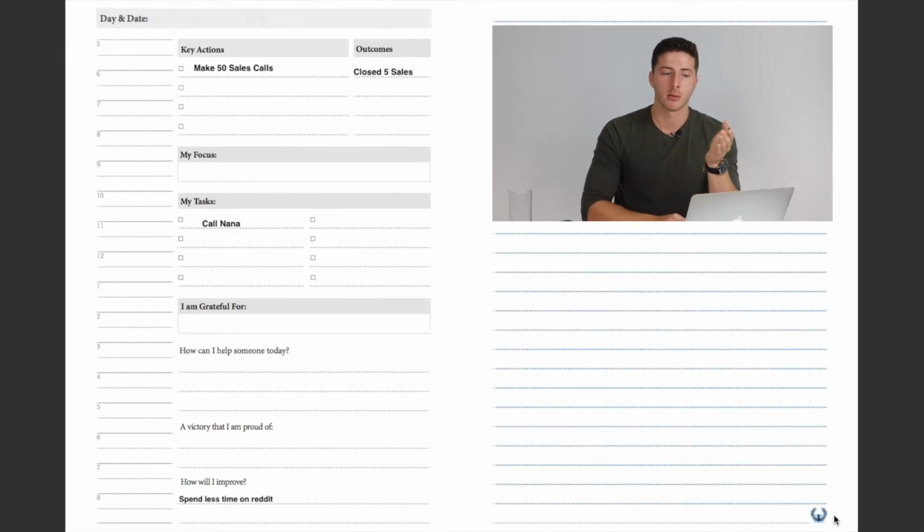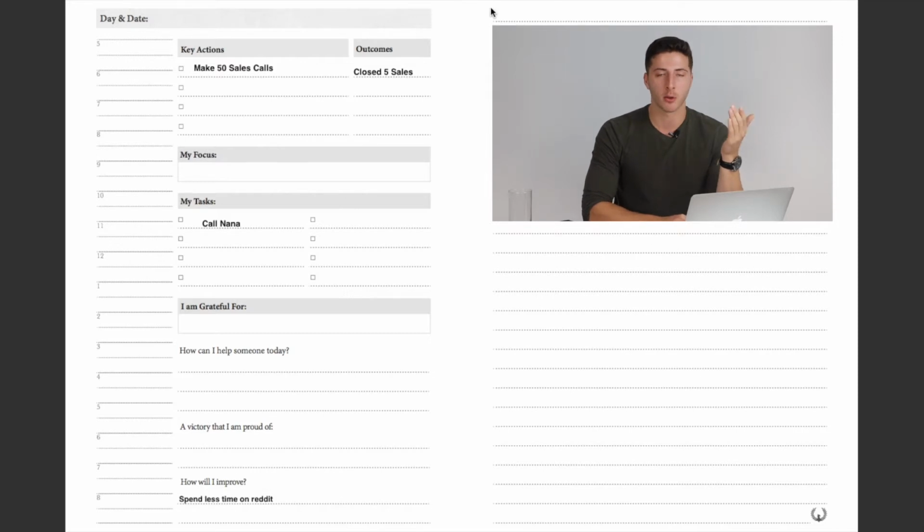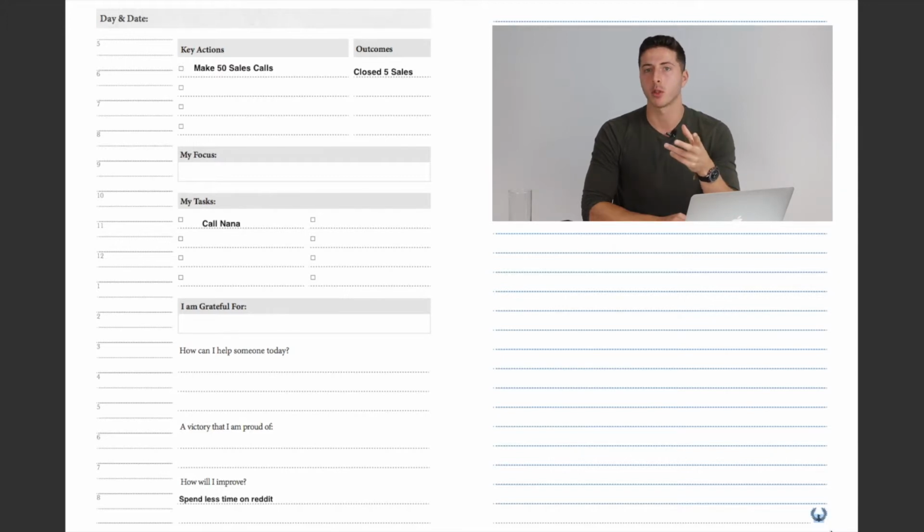Now, this is where the journal is really separated from the planner, and that's obviously by the journaling page. Every Phoenix Journal has a full day for journaling every single day, and this was my first product, the journal instead of the planner, and it's what I personally use because I believe that journaling is one of the strongest habits you can have.